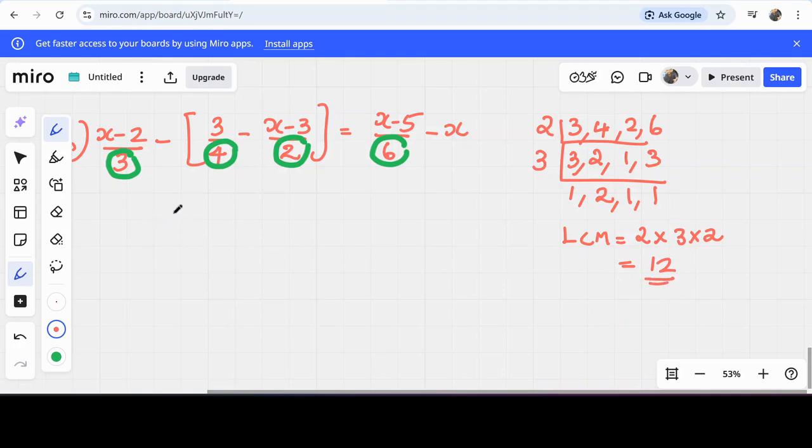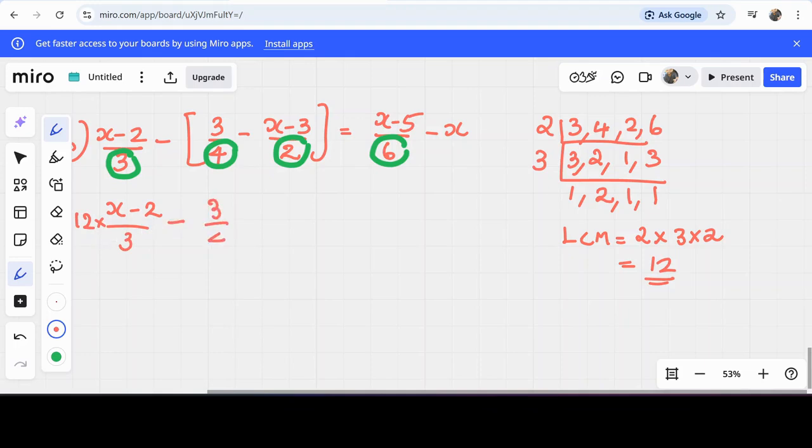Now I have to multiply this 12 to all the terms in this expression. So I will start from here, which is x minus 2 divided by 3. I will multiply it with 12. Why am I multiplying with 12? Because 12 is the LCM.